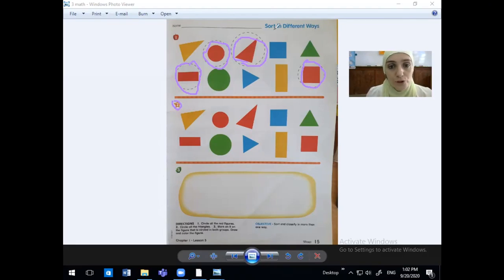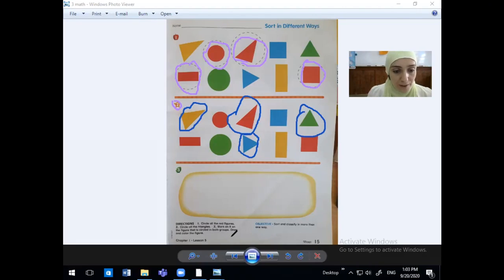So I want to change the color, and you do this in your sheets. So, and I will circle all the triangles. Okay, is there any more? Yes, blue triangle. Okay, so I have 4 triangles. I chose all the triangles.